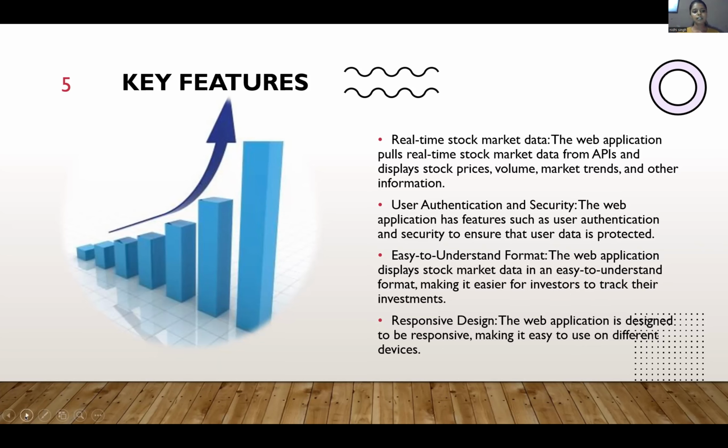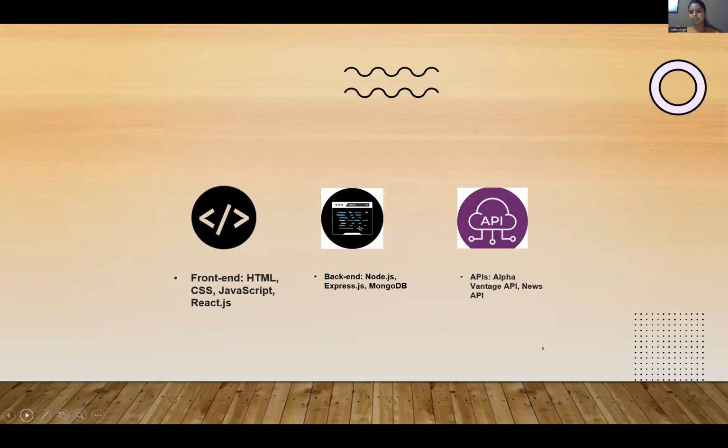So we will go on to see the technologies we use to develop the web application. In a web application, the first things are front end, back end, and APIs. In the front end, we will use HTML, CSS, JavaScript, and React.js.